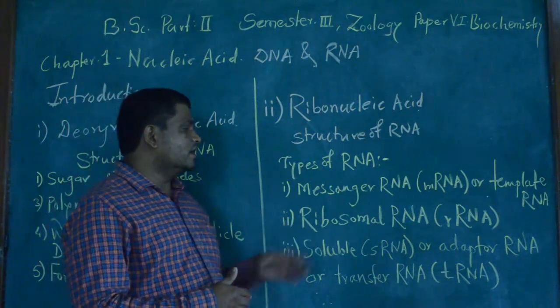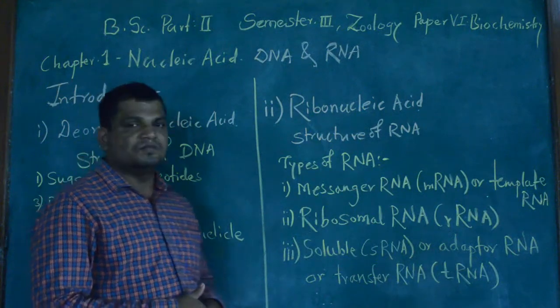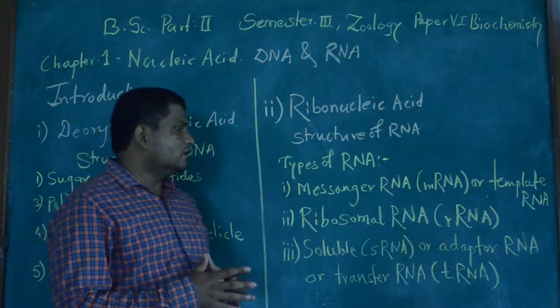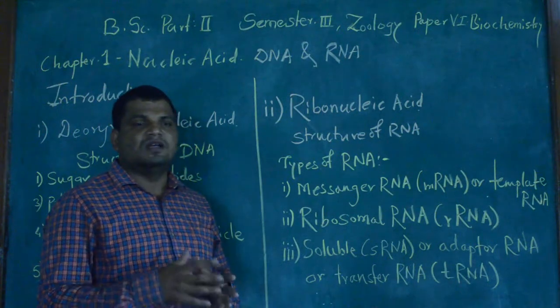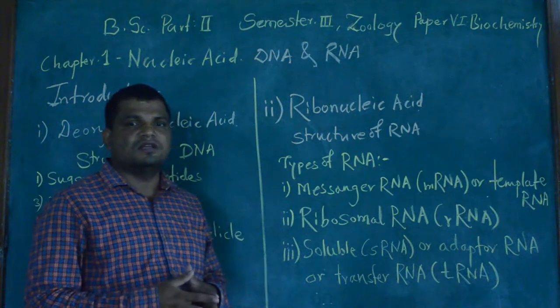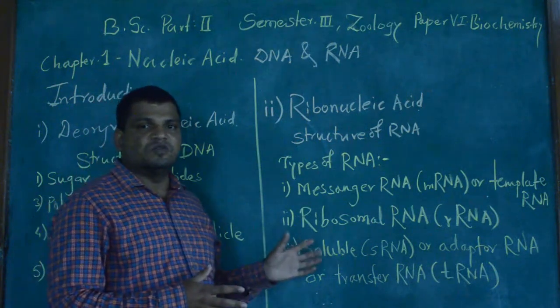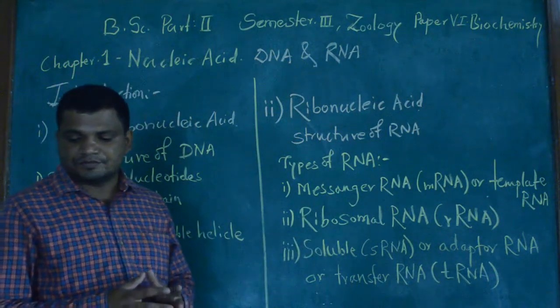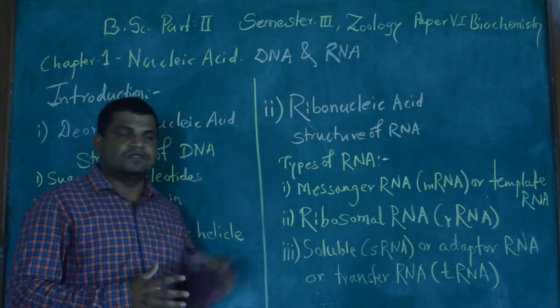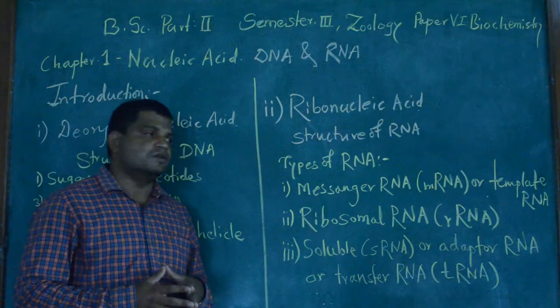Again, ribosomal RNA is found in different ribosomes: the 80S ribosome present inside the eukaryotes, and the 70S in the prokaryotes.